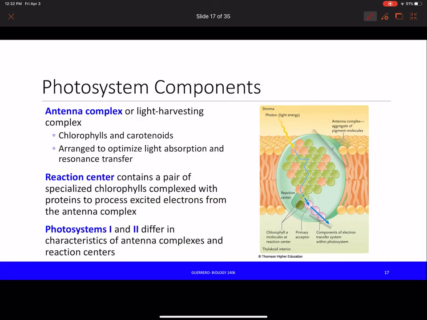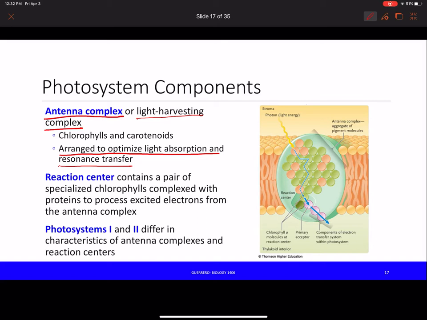Okay, so like I said, the photosystem is made up of all of these different pigments, those chlorophylls and the carotenoids that we talked about before. They're housed in these little areas that are known as light harvesting complexes or antenna complexes. And they are arranged the way they're arranged so that you can have maximum light absorption and then energy transfer.